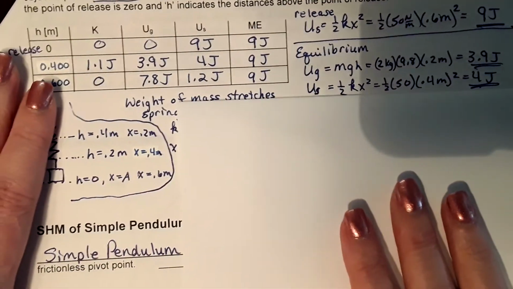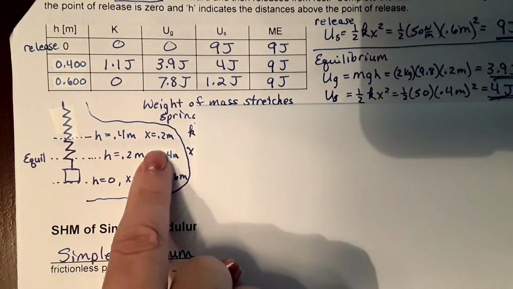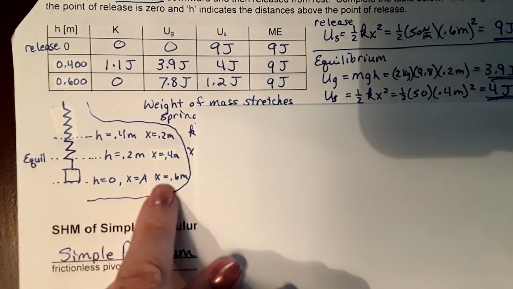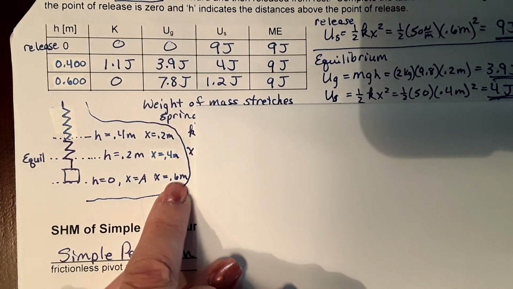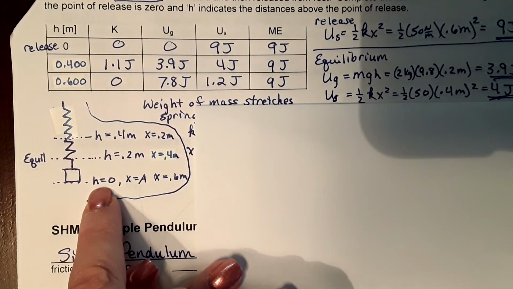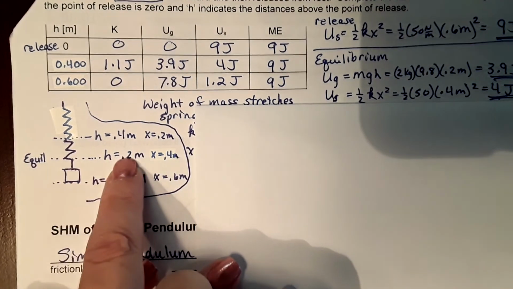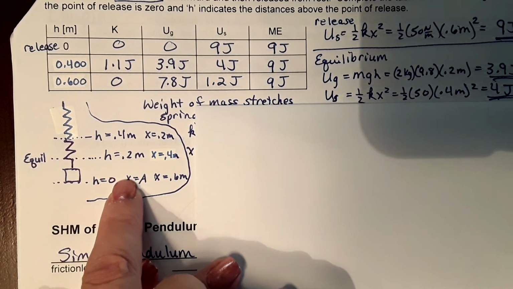I drew a little picture right here to show what we have at each point. So at the bottom amplitude where we release it, the position is the amplitude, and we just determined it would have to be 0.6 meters and a height of 0. When it accelerates up and reaches equilibrium, that height would have to be 0.2 meters above the bottom because we only stretched it 0.2 meters.